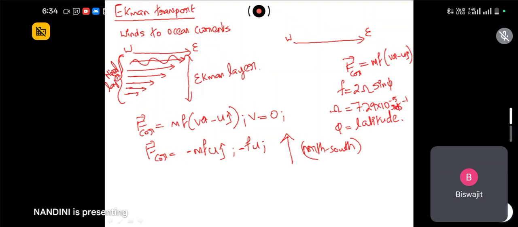Sorry. It's minus 4. Is it? Let me check again. 10 raised to minus 5 is correct, I guess.